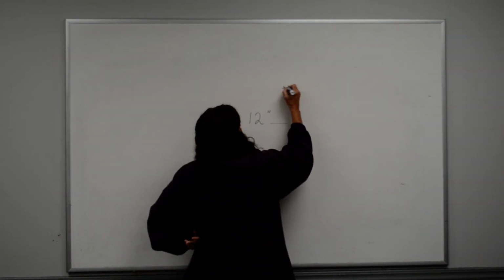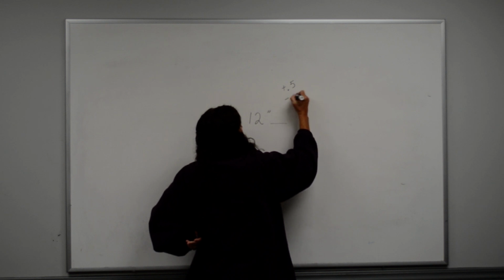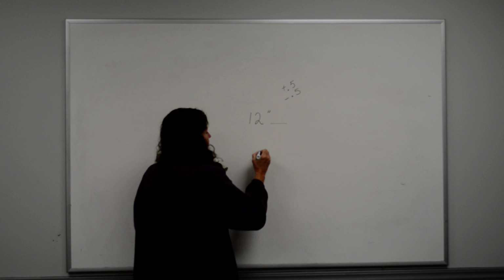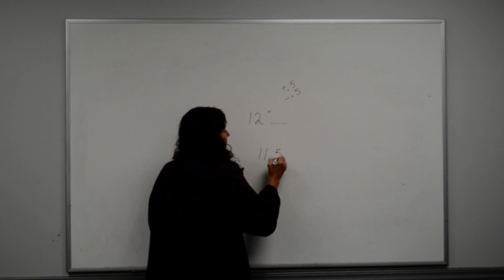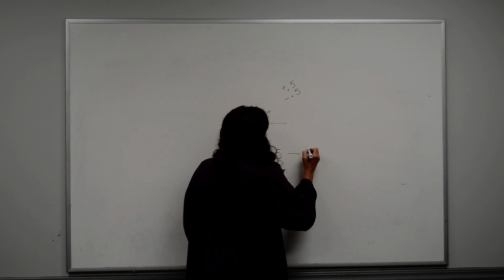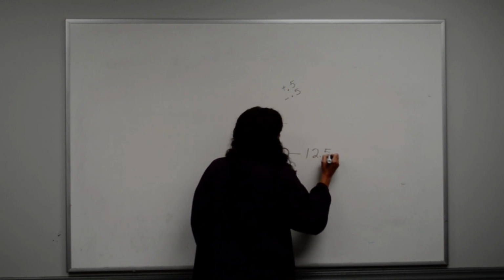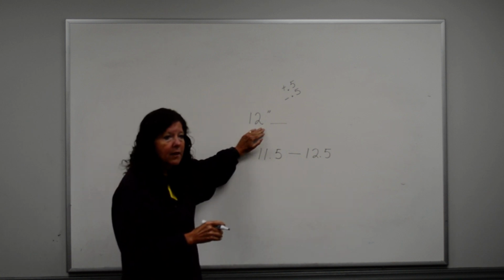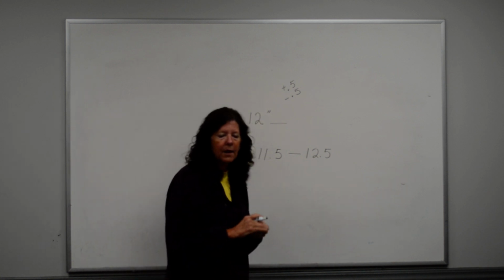So I'm going to add 0.5 to everything and subtract 0.5. The precision of this is going to be from 11.5, which is what I get when I subtract 0.5, to 12.5, which is what I get when I add 0.5.